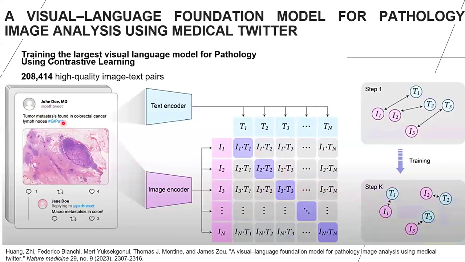So what they did is they used this OpenPath dataset, a high quality image-text pair, used the PubMedBERT model as the text encoder to get the text embedding, and the image encoder to get the image embedding, and then they find their dot product and cosine similarity. So the diagonal of the matrix will have the maximum similarity value.